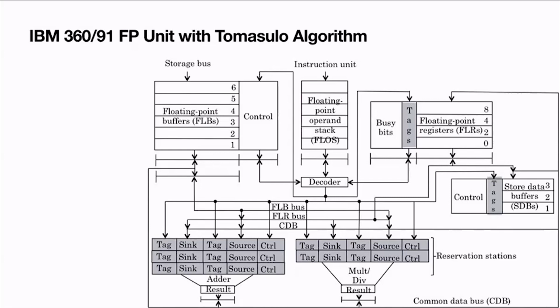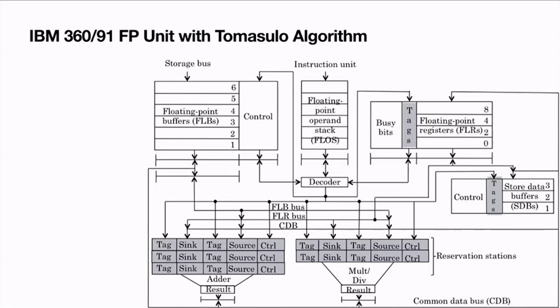And when the producer produces the value, that value will be forwarded with the tag, and the tags are compared. If any instruction is waiting for this particular value and its tag matches, then it automatically takes the data. So this way, we don't have to wait for a previous instruction to write the value into the floating point register file. As and when it finishes its execution, the data can be forwarded.